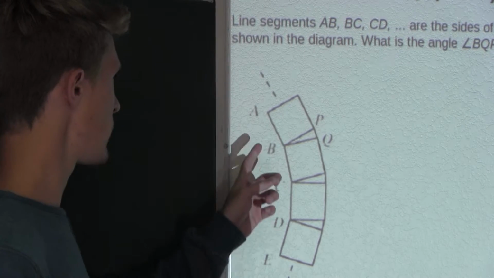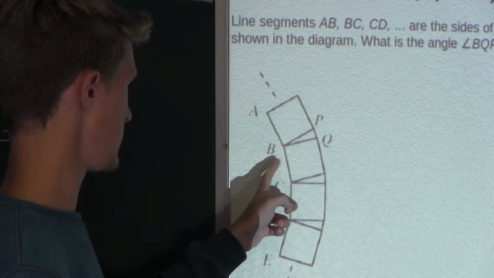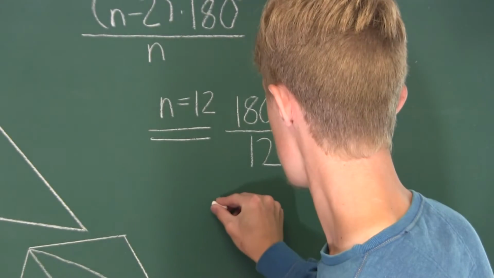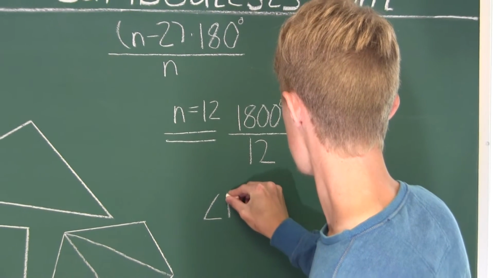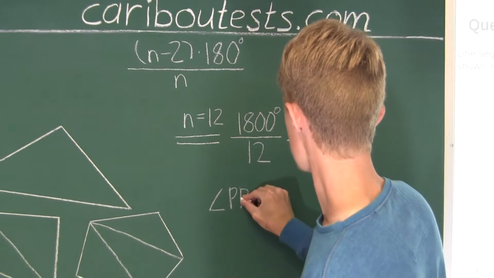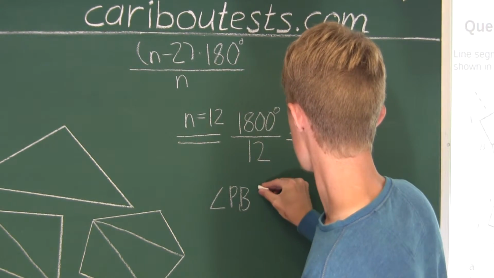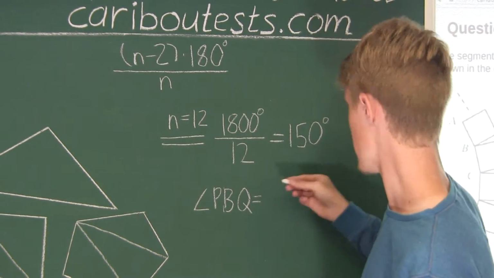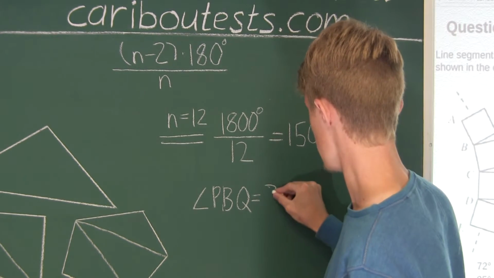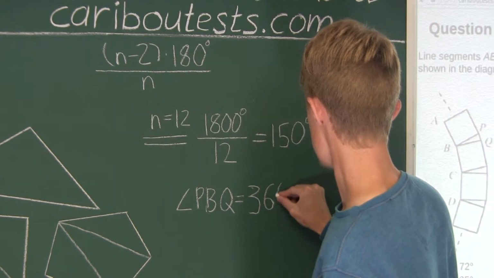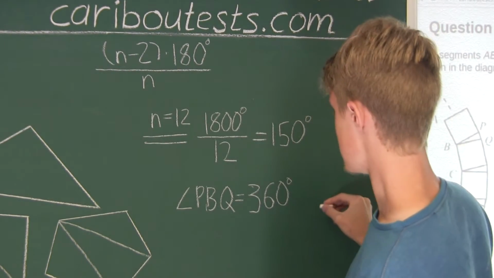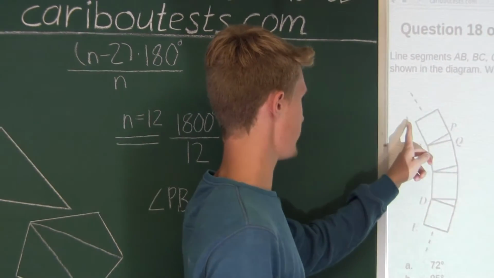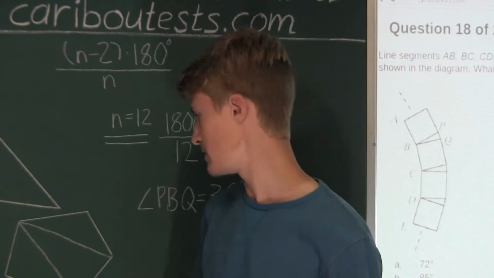Now for the angle PBQ, which is the small angle we want to find out. We have the circle around B, which is 360 degrees. Now we subtract the 150 degrees for the angle ABC.